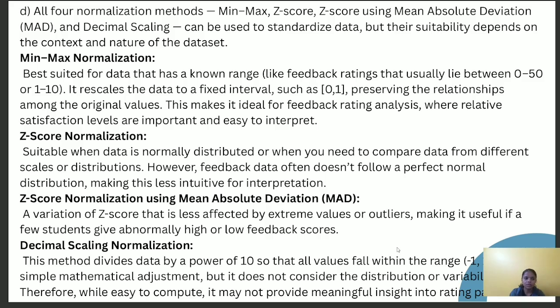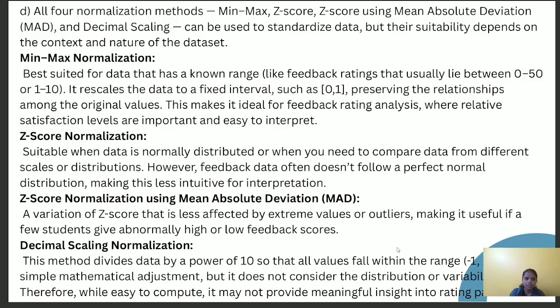Now, the z-score normalization is suitable when the data is normally distributed or when you need to compare data from different scales or distributions. However, feedback data often does not follow a perfect normal distribution, making this less intuitive for interpretation.